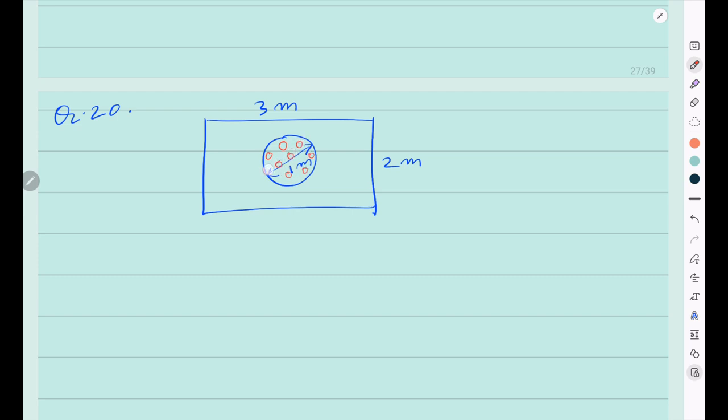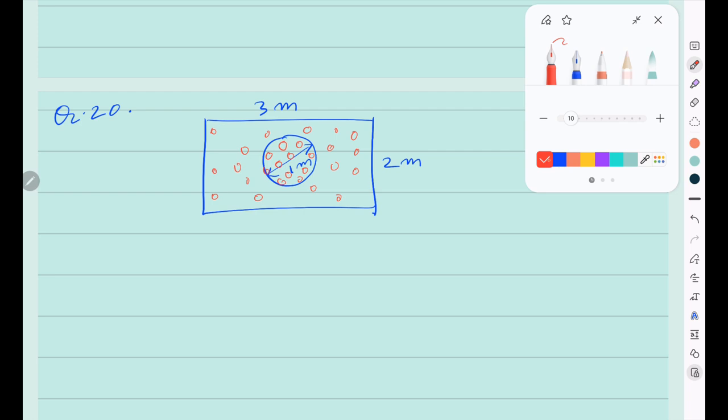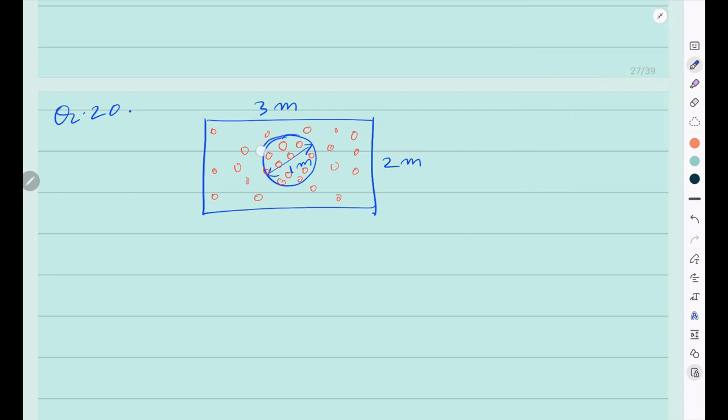The die can also fall elsewhere, isn't it? It can fall anywhere on this table. One thing is very important: we are dropping the die at random, meaning we are not looking whether it is going in this area or not, but we just want to find the probability that it will lie within this area.